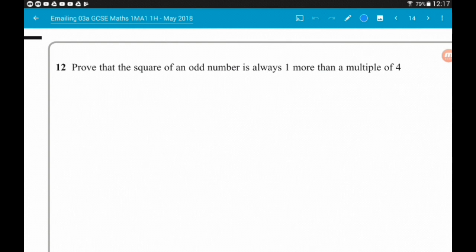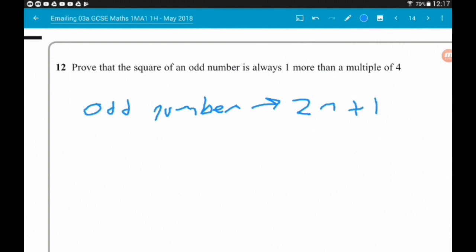So we're going to call an odd number, well, if n is a whole number, then we know 2n is even, so if we add 1 to it, 2n add 1 is always odd.